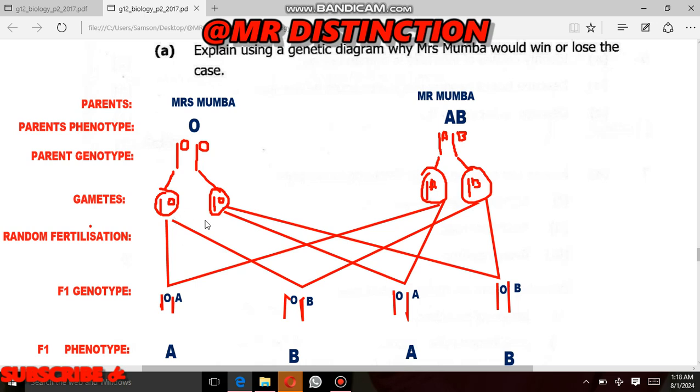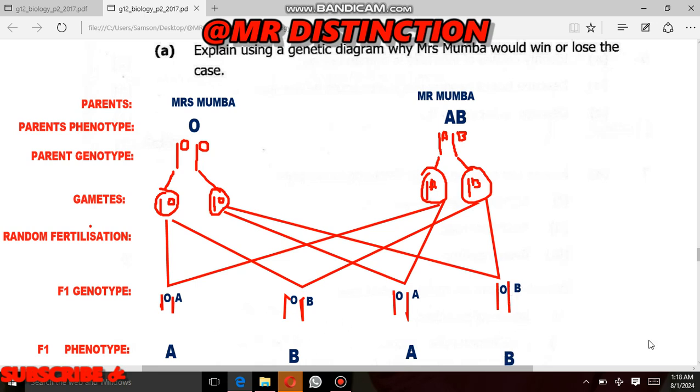Having done this one, you go to the next one and do the same thing. So you have O over here, then A over here, and this is blood group A also, because this genotype is just the same as this one. Then last, we go from here to there: we have IO, then IB, just the same as this one.